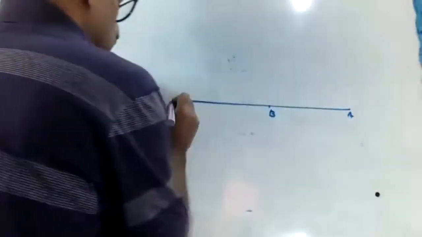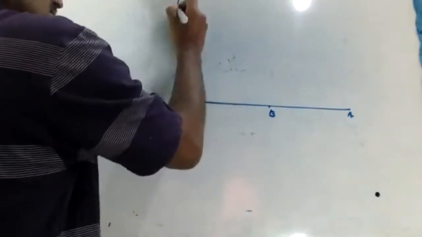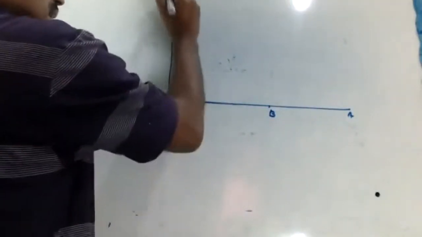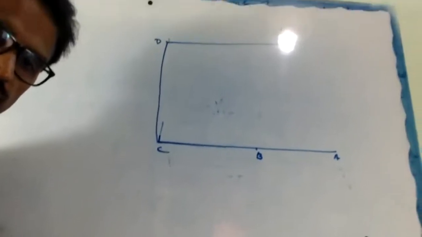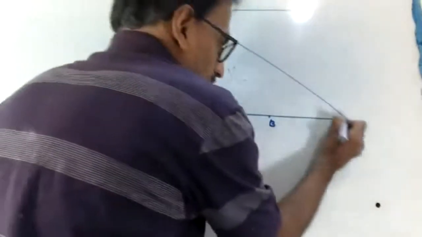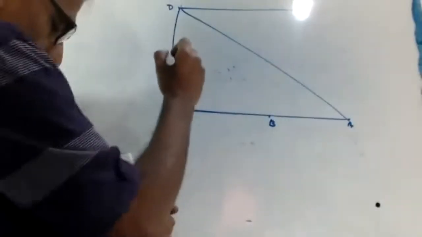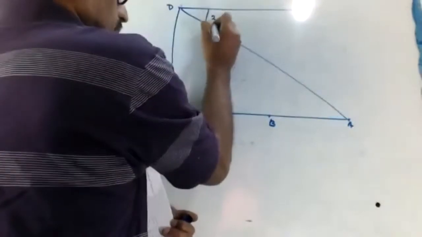Look at here now. This is the sea. Ship A, ship B, and this is the lighthouse, not like this, straight. C, D. First ship. Here the angle of depression is 30 degree.